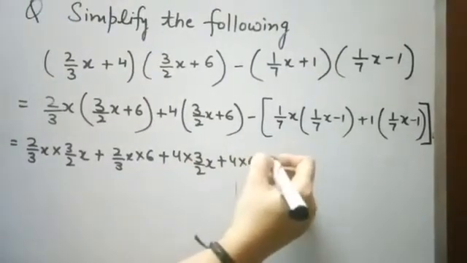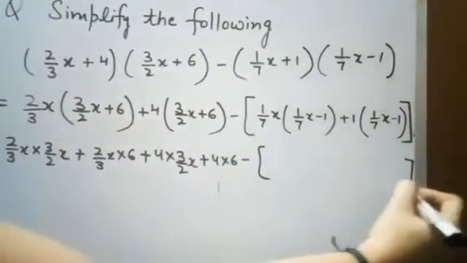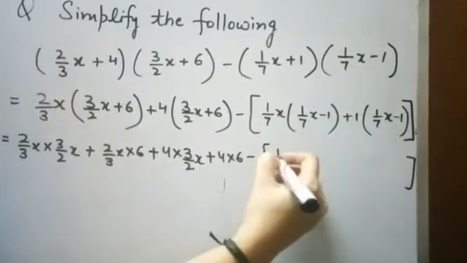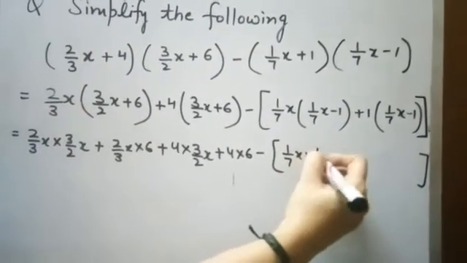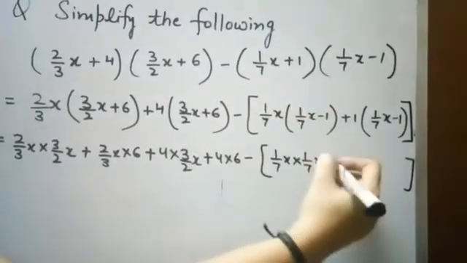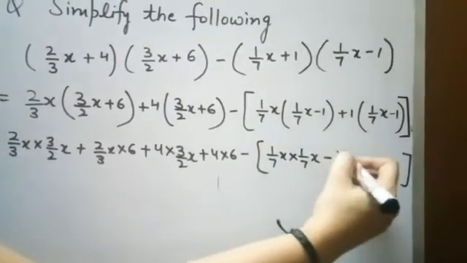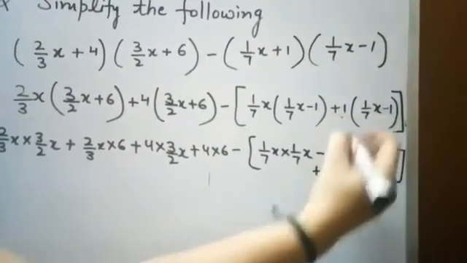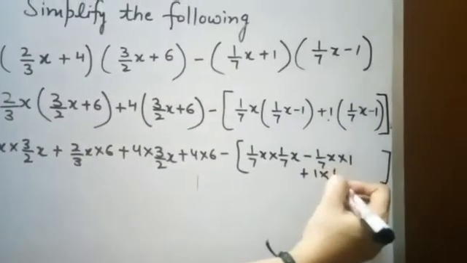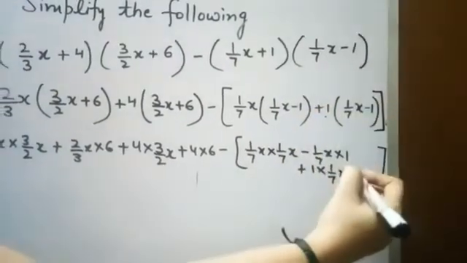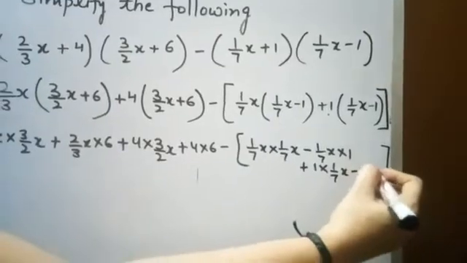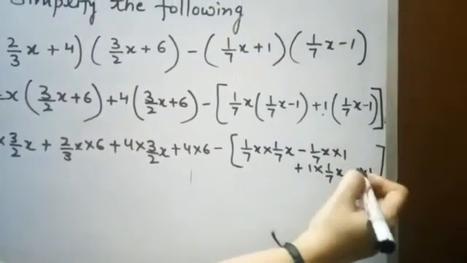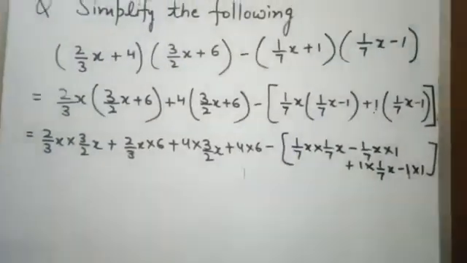Now minus sign is there. 1 by 7x into 1 by 7x. 1 by 7x into minus 1. Now plus, I am doing here, plus 1 into 1 by 7x plus 1 into minus 1.